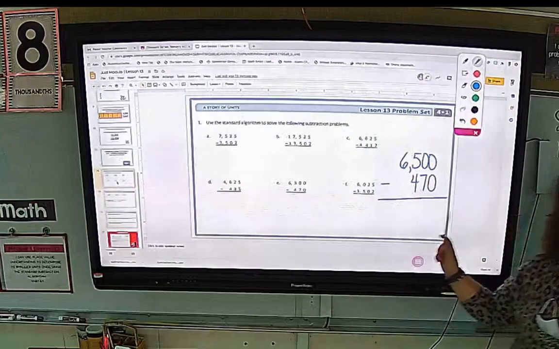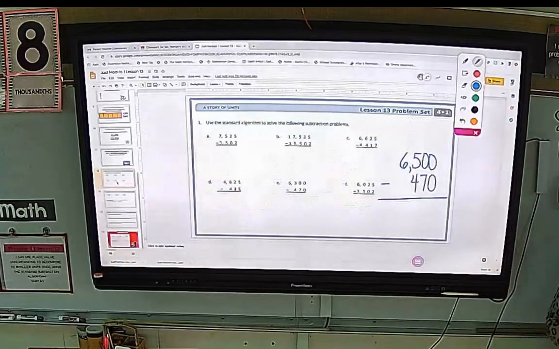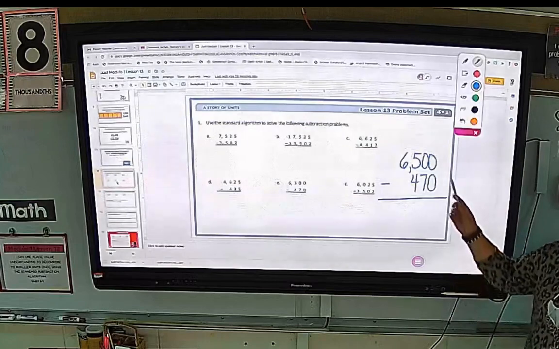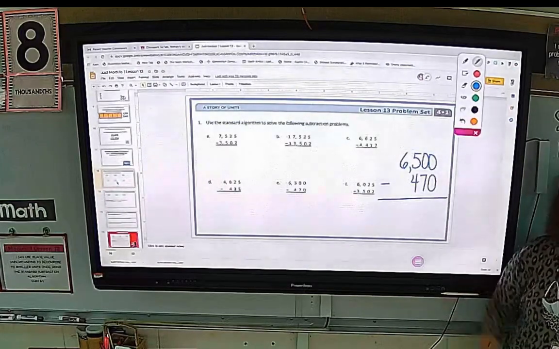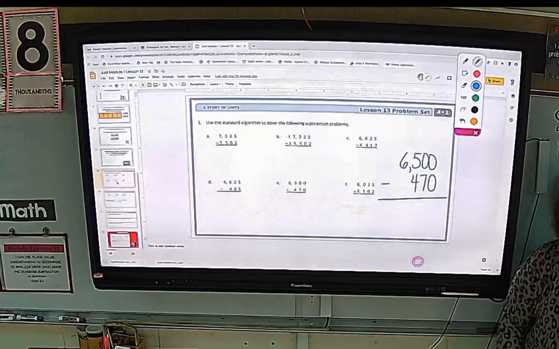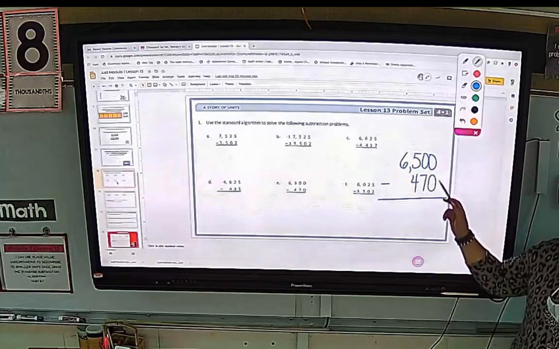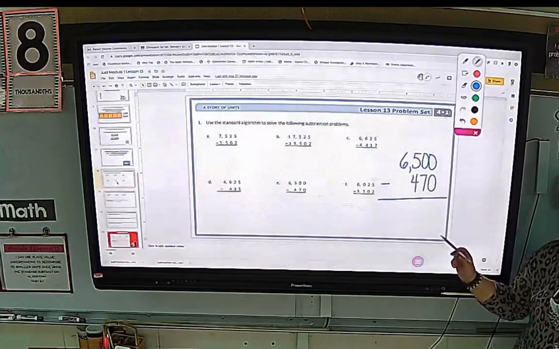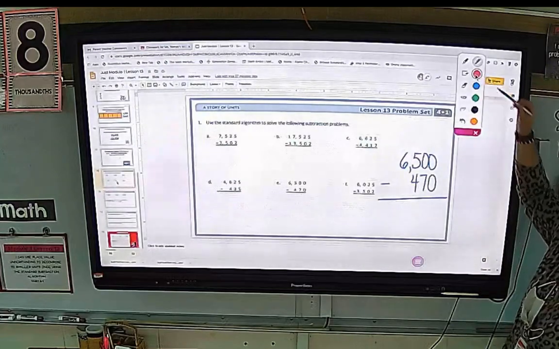Look at this problem. As much as you might not like subtraction, sometimes what people hate worse is when they see a lot of zeros with subtraction. If you start to subtract and there's nothing but zeros on the top for a while, you've got to do something about that, don't you? Now the first one, 0 take away 0. Can we do that? Sure we can.